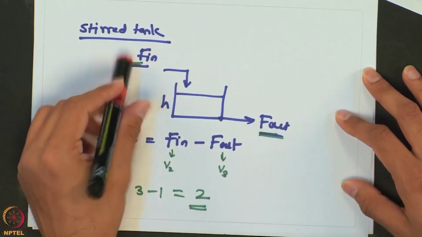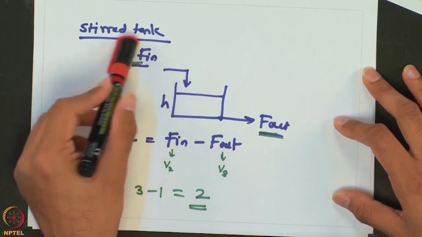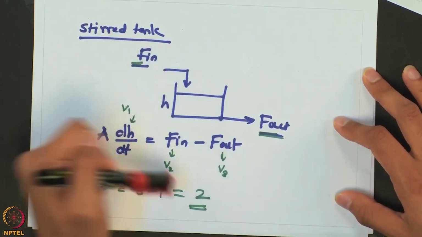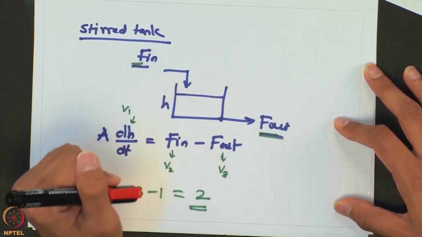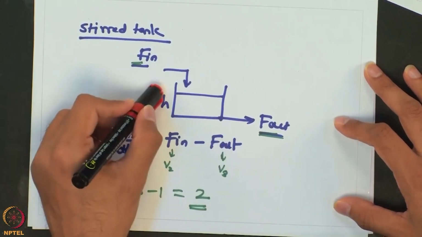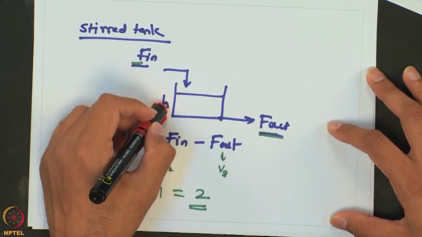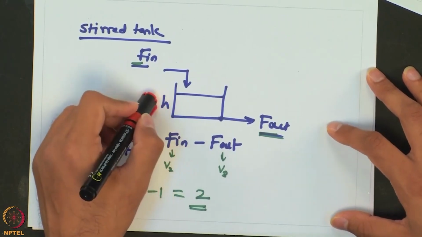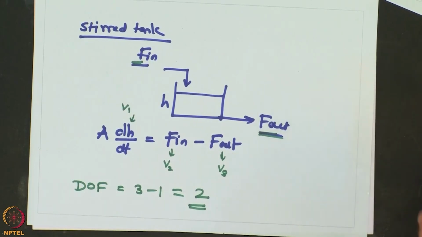So, the degree of freedom automatically gets reduced by 1 because there is no freedom on choosing F in. So, the degree of freedom of this system is 1 and practical degree of freedom is 1, and therefore, only one control loop, which is controlling height, would make the system completely deterministic, and that is the only control objective, or only a single control loop can be implemented on this particular system.